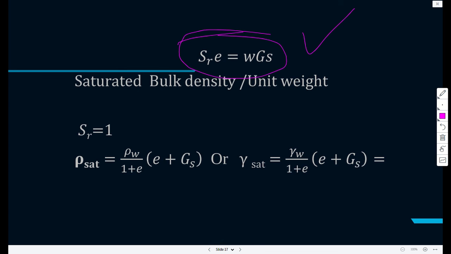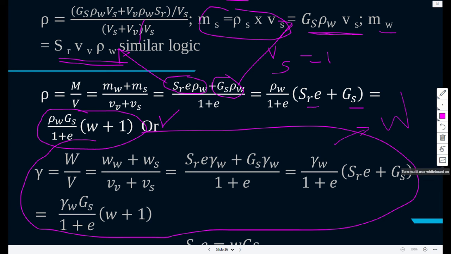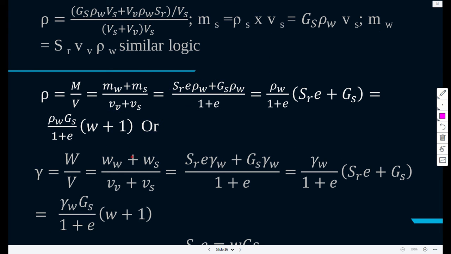Something interesting I should point out: if the soil is completely dry, the degree of saturation is zero.